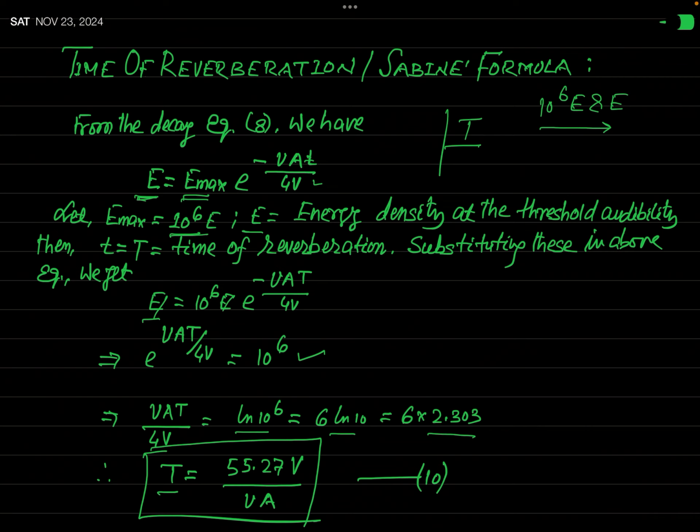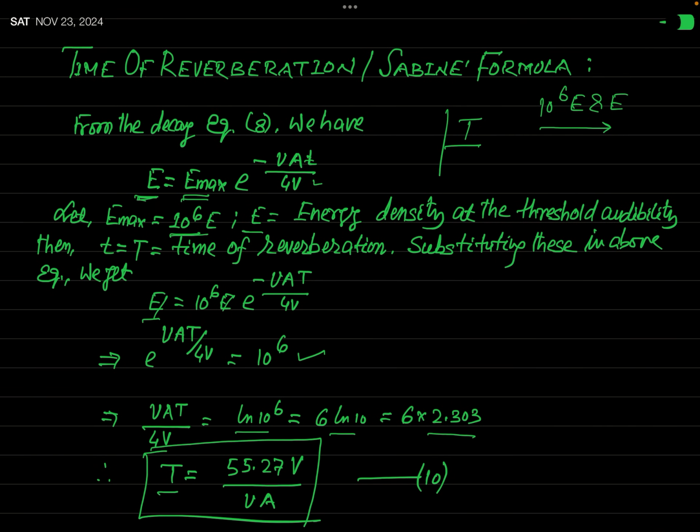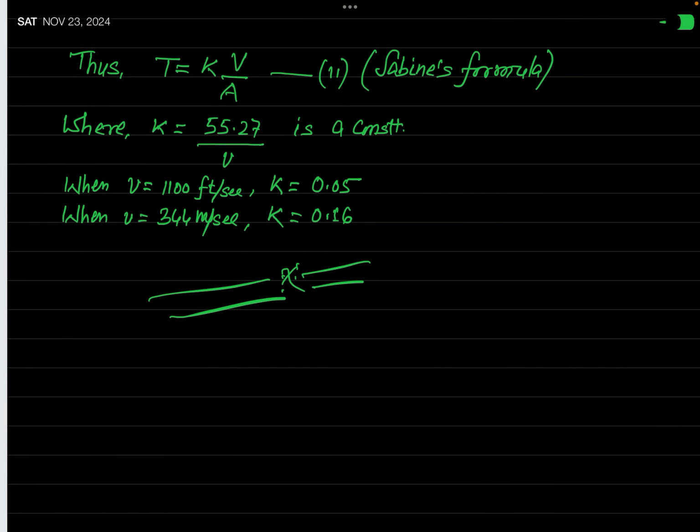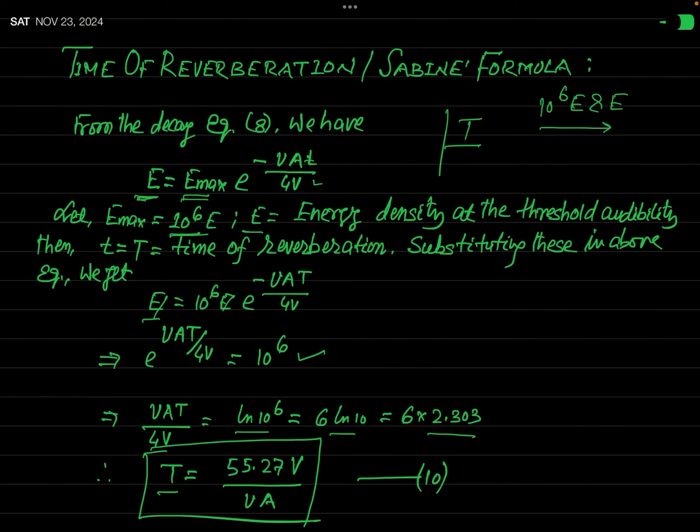And actually this is known as Sabine's formula. In fact, here this constant which I have written, 55.27, if you omit that, and also this velocity v, because velocity of sound has a particular value in a particular medium. And if we are talking about sound propagating inside a room, inside the room there is air, so we will talk about the velocity of sound in air, which has a constant value.